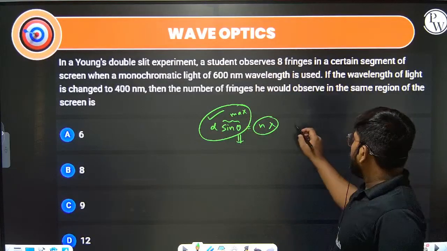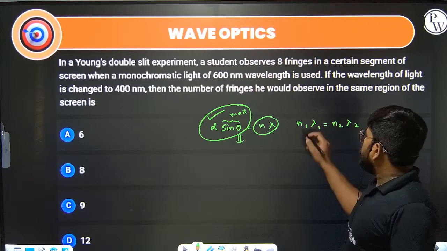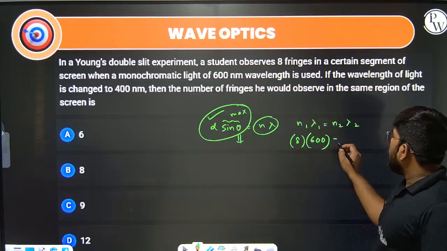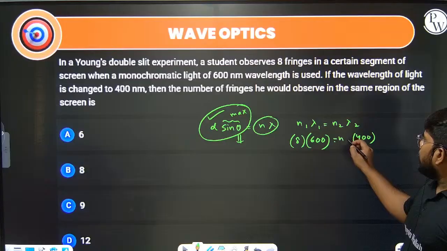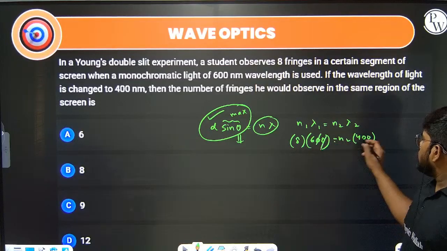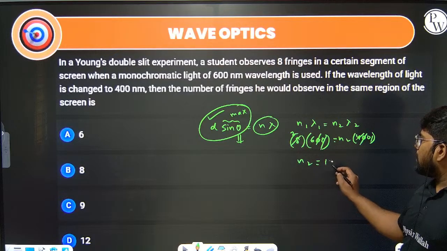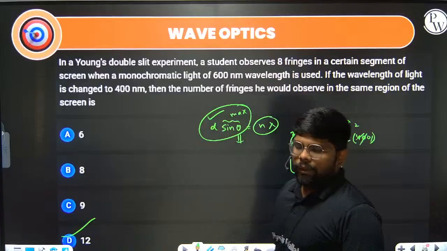So we can write simply n1 lambda 1 is equal to n2 lambda 2. So first 8 fringes for 600 nanometers wavelength. Now for wavelength 400, what will n2 be? The two zeros got cancelled. So n2 will be how many maxima? 12 will be coming out. You will be seeing 12 on the screen.